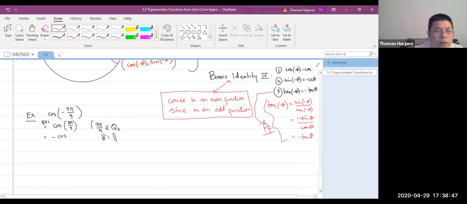So from here, I get negative cosine pi over 4. Now, what is cosine pi over 4? Radical 2 over 2.